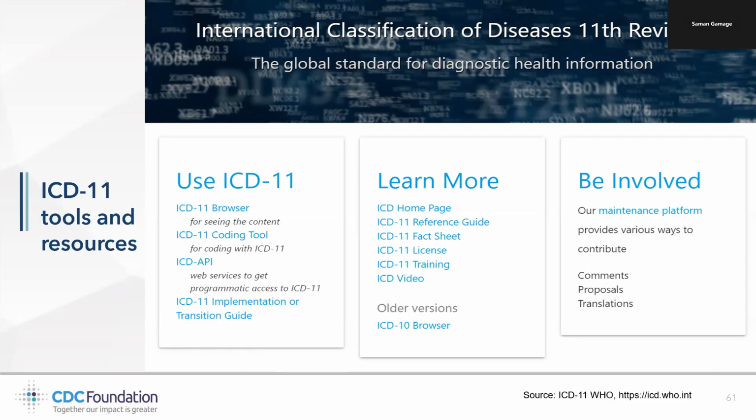Also, if you want to access the ICD-10 browser, there is a link provided from the home page. And there is also a maintenance platform, which I will talk about in future sessions.